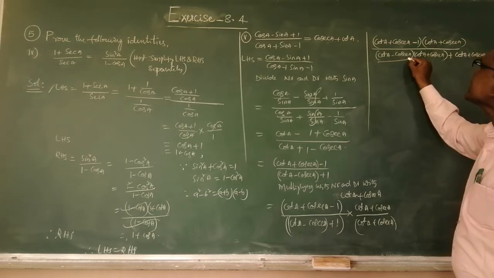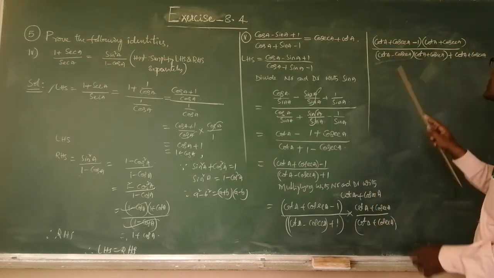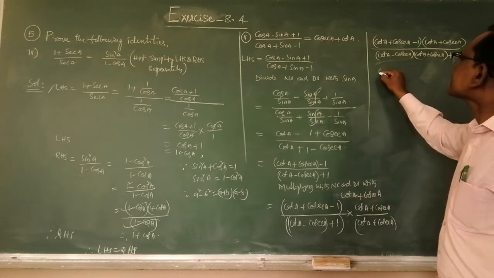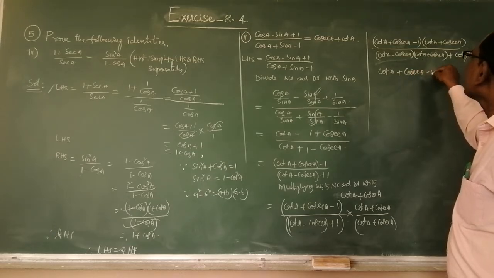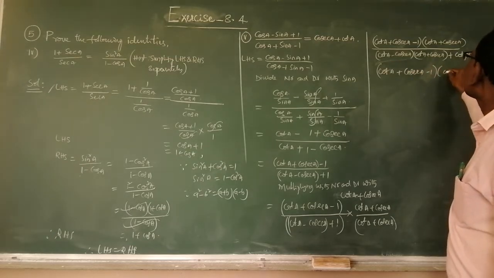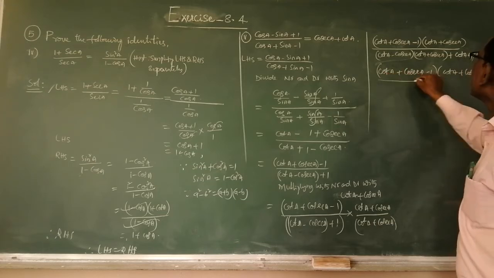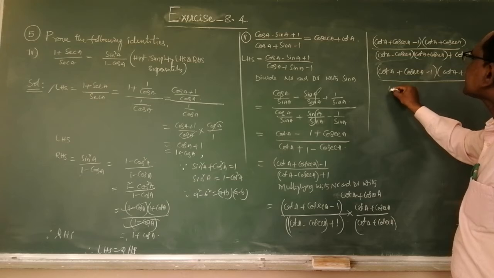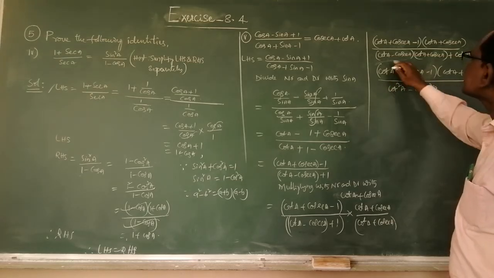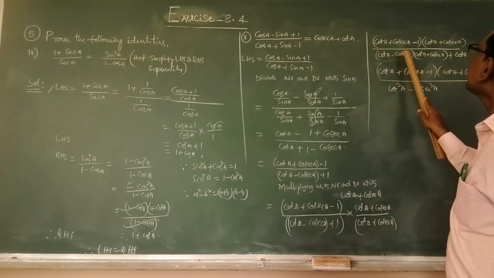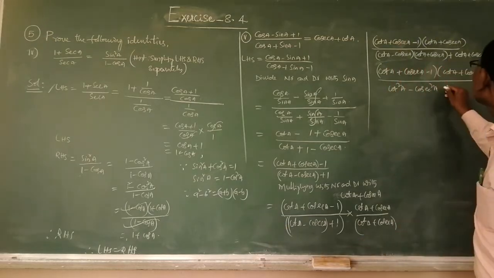Children, here it is a minus b, a plus b. A minus b, a plus b means a square minus b square. Therefore, the numerator is cot A plus cosecant A minus 1 into cot A plus cosecant A, and the denominator is cot square A minus cosecant square A. These two are a minus b, a plus b, which is a square minus b square.